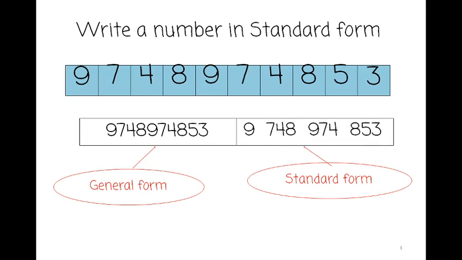Here is how we write the number. This is one zone, this is another zone, this is another zone, and this is another zone. So we separate the digits in each zone by a space or by a comma.